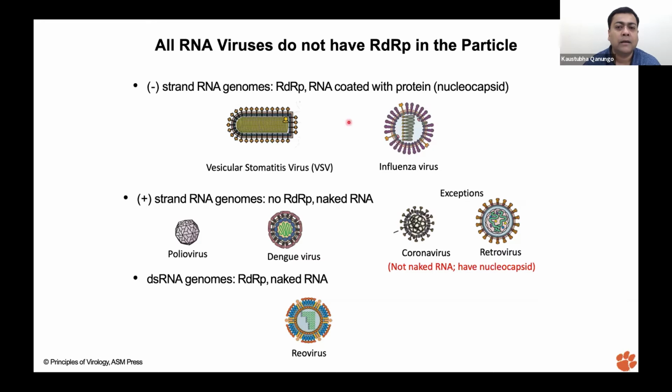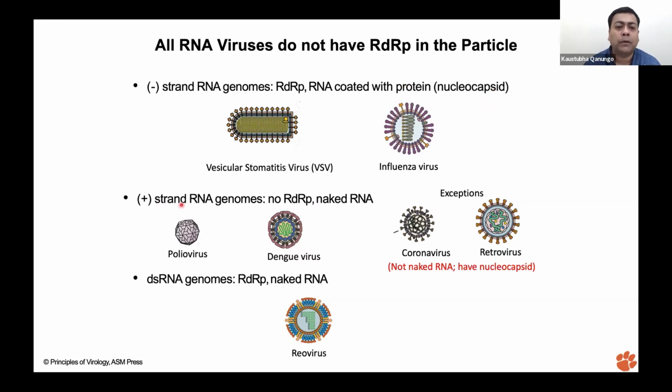You can see that all of the minus sense genomes are coated with a protein. There is no exception. This is a very important thing. It's already in your notes that all negative sense RNA genomes are coated with a protein, no exception, segmented or unimolecular. And that's the important part.